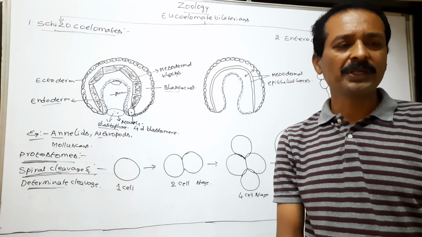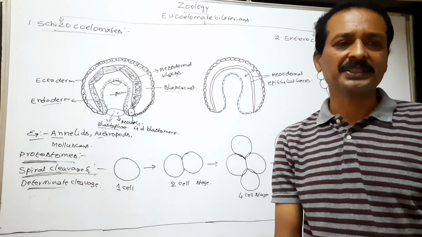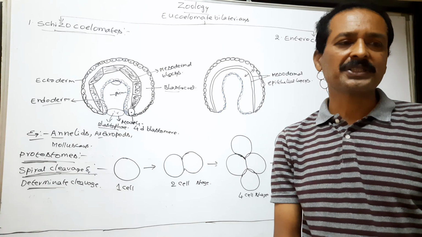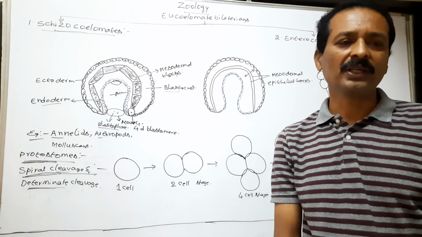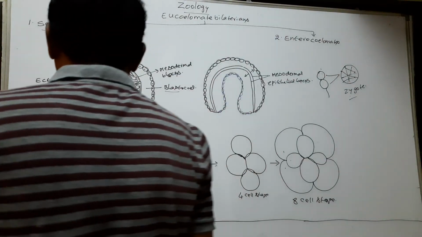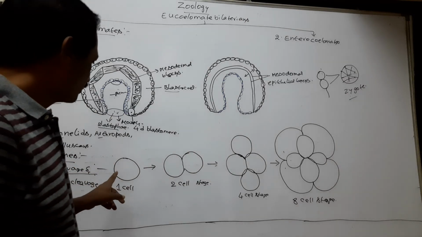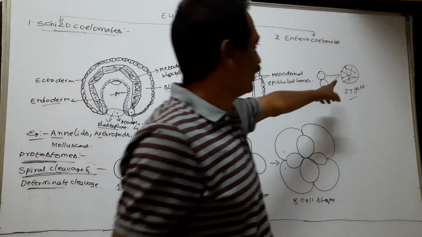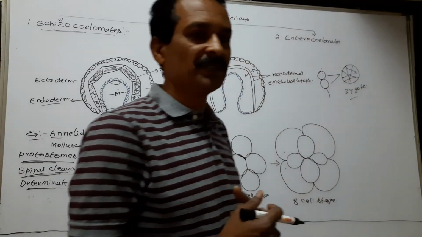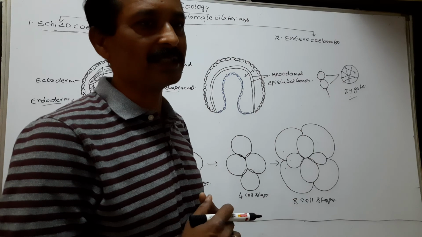Each blastomere produced by early embryonic cleavage does not have the capacity to develop into a complete embryo. Now I explain determinate cleavage. Here the zygote undergoes divisions. Divisions in the zygote are called cleavages.